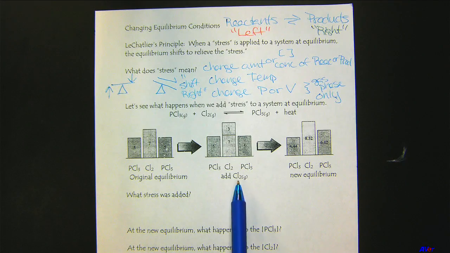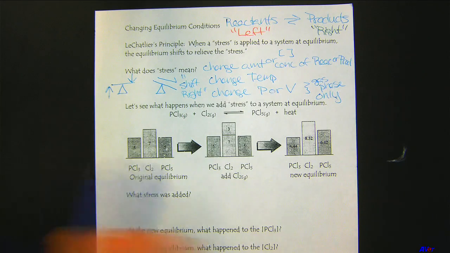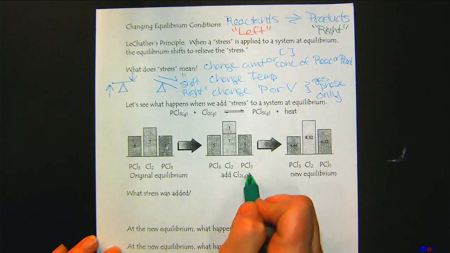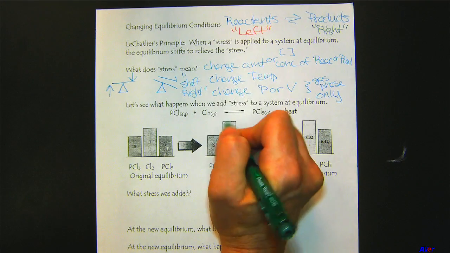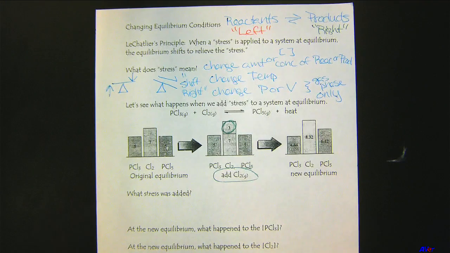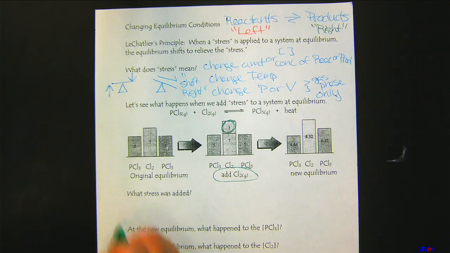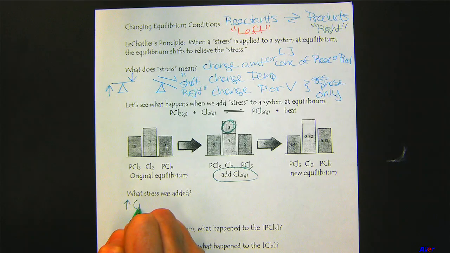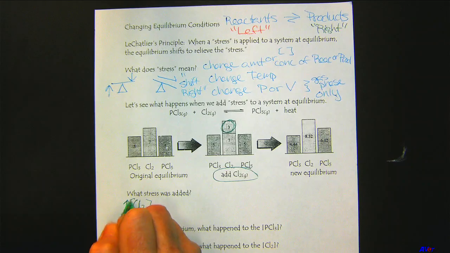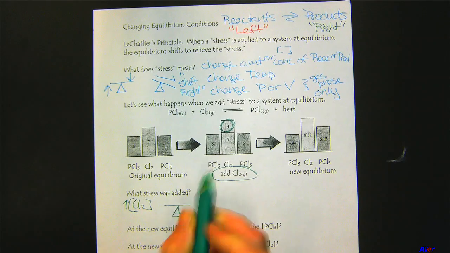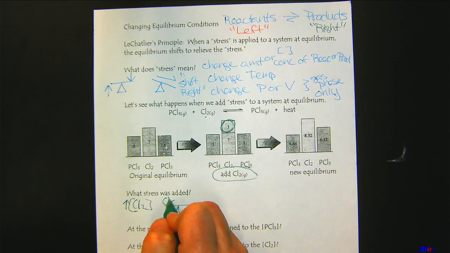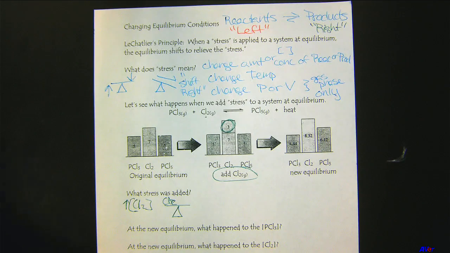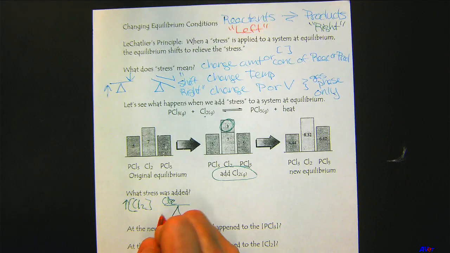Okay, so now we add the stress. We're going to add the chlorine. So what did we do? We increased the chlorine concentration. So here's our teeter-totter. The chlorine is over here on the reactant side, and we increased it. We made it go up.